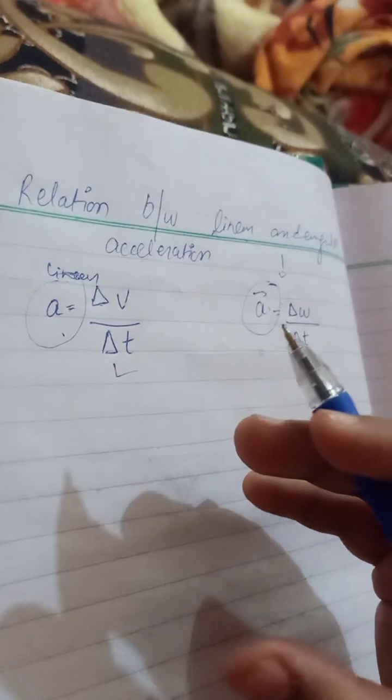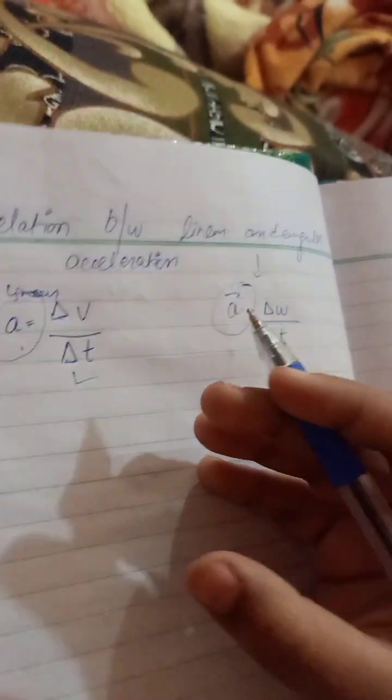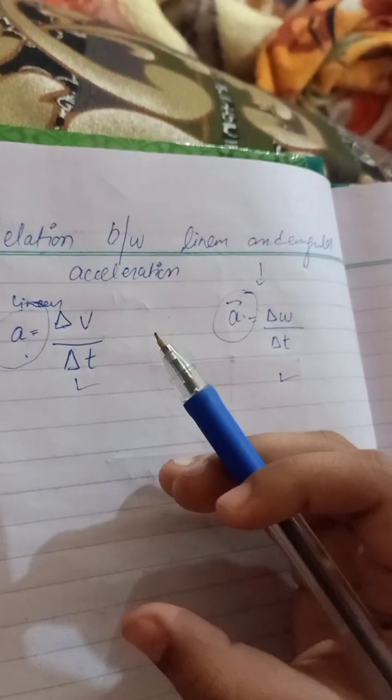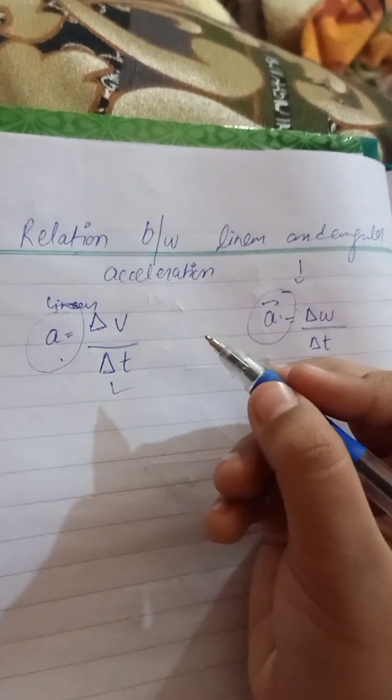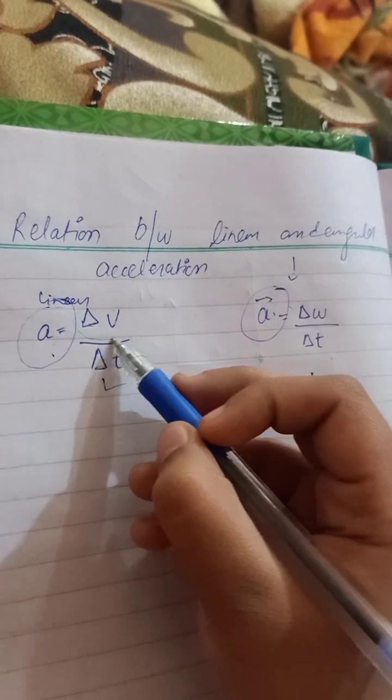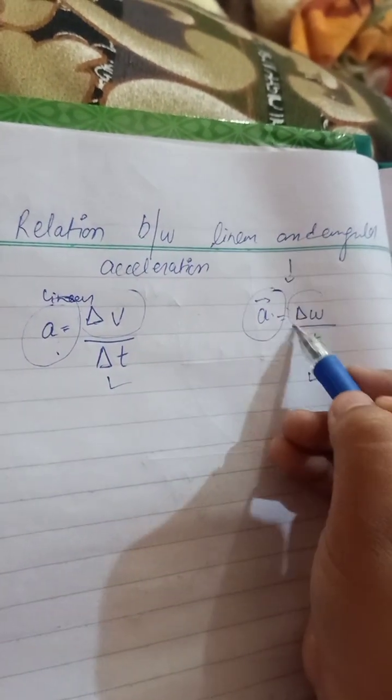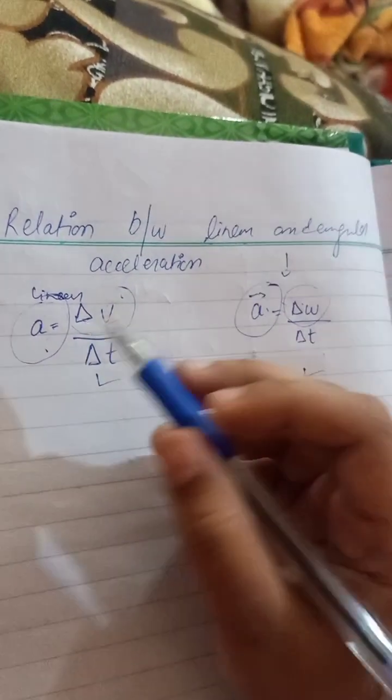So for a relation we want to make one formula in which both terms will come. This value is not here, that value is not here, so we have to make a relation.